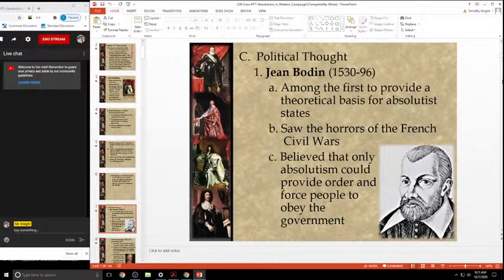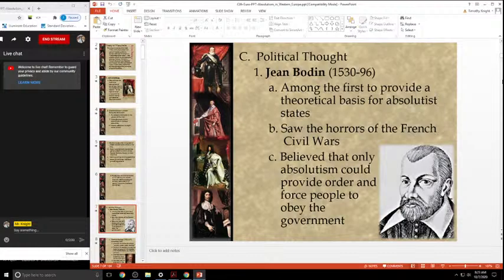Well, one of the creators of the age of absolutism, or guys who inspired it, is a guy named Jean Bodin. Jean Bodin was among the first to provide a theoretical basis for absolutist states.